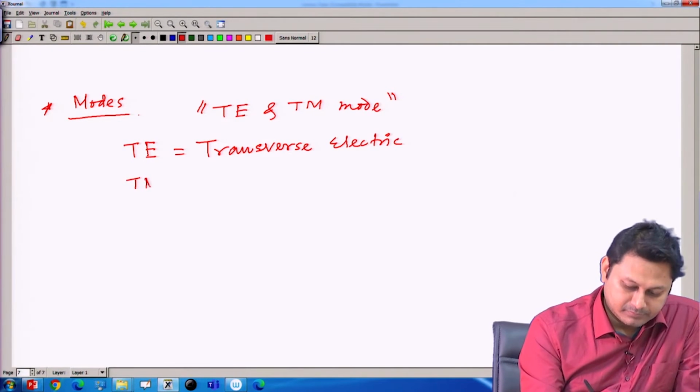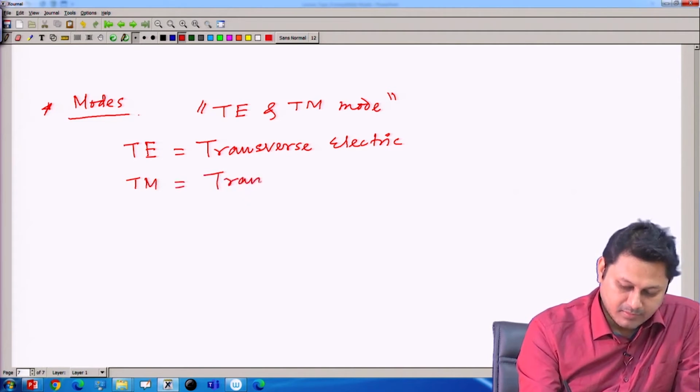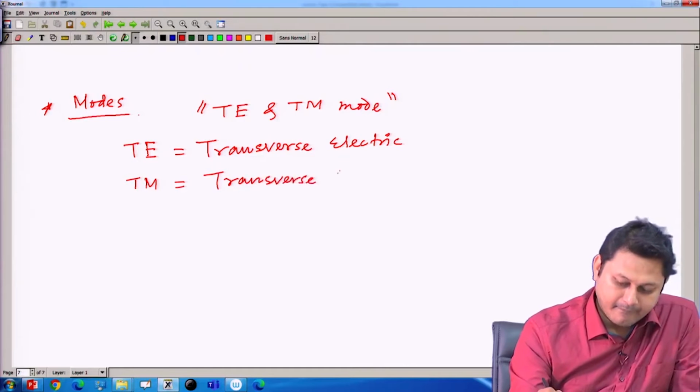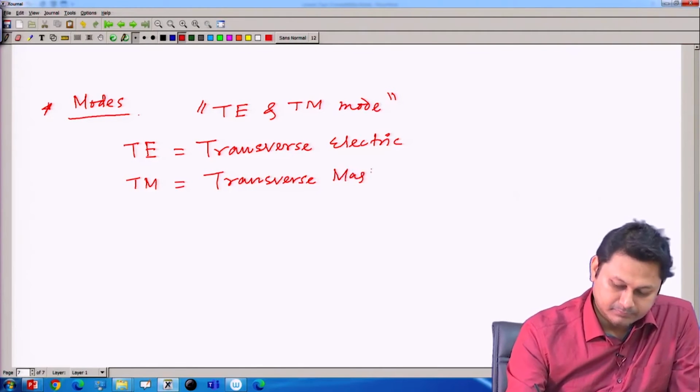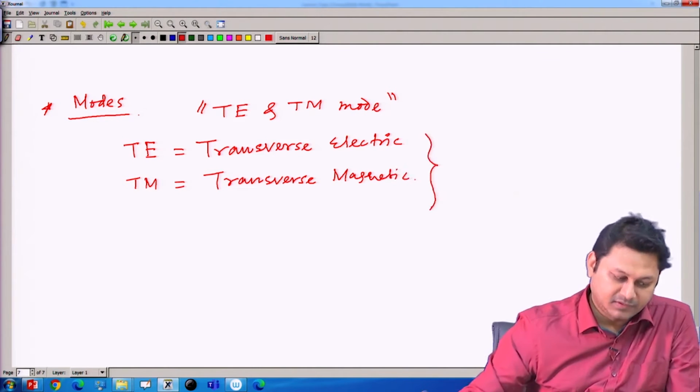TM stands for transverse magnetic. So, transverse electric and transverse magnetic.